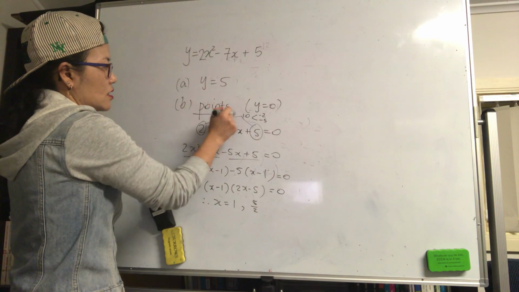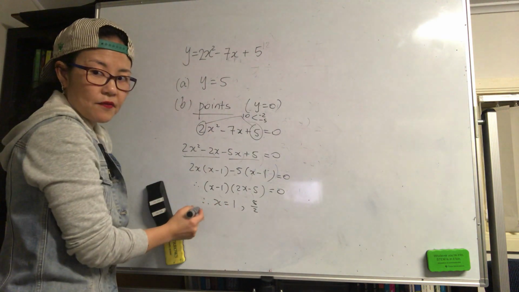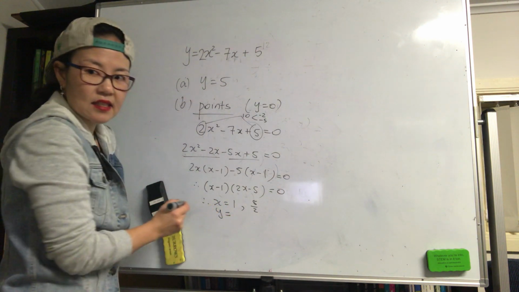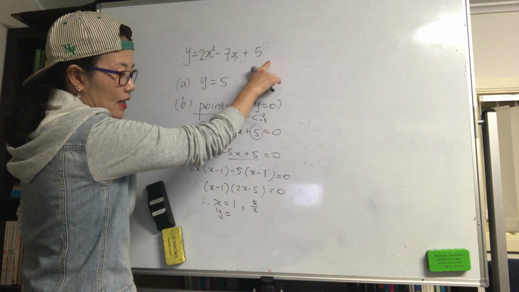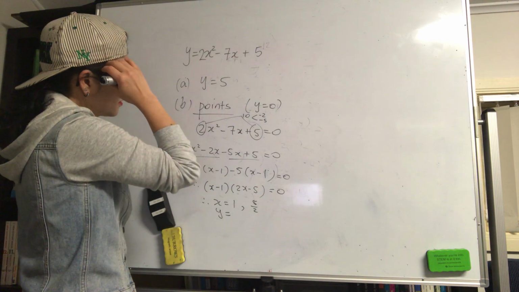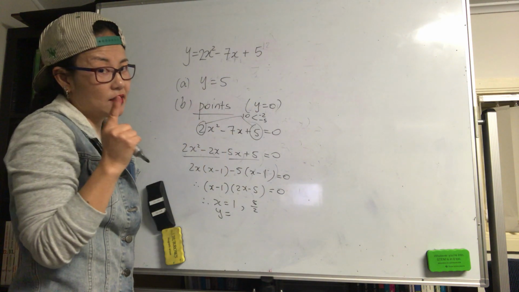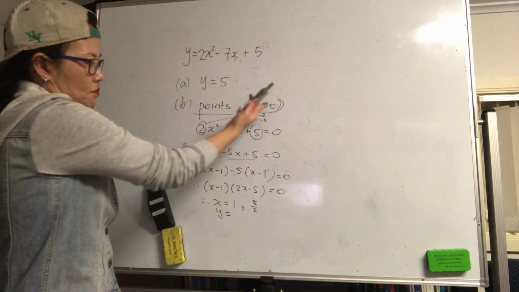Now, the question says find the points, not the x values. So I need to find the y value when x equals 1. So I'm going to put that into here and I will get y values. But, okay, this is the part. We already know what the y value is because we put that into 0.